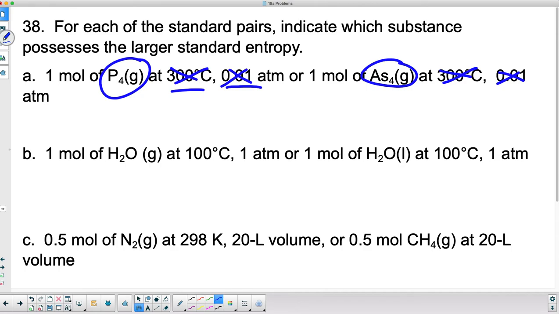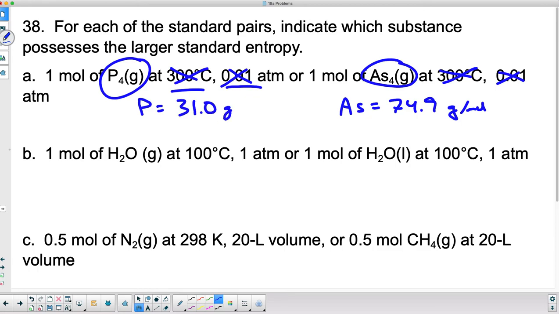However, arsenic is 74.9 grams per mole, whereas phosphorus is 30.97, which means 31.0 grams.